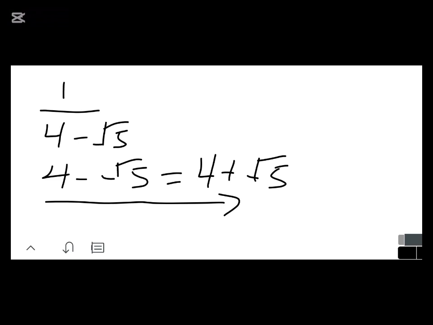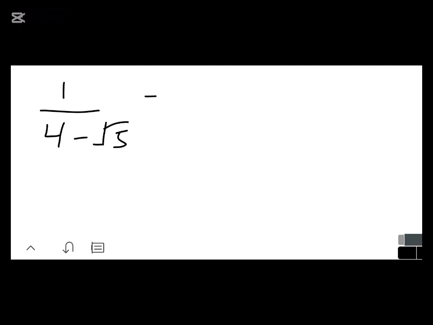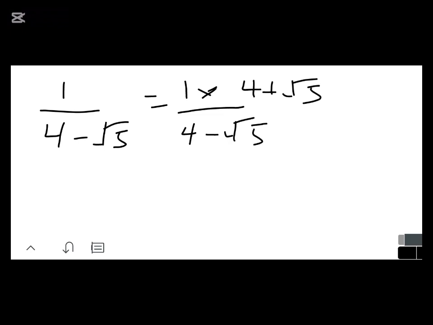So you then multiply this conjugate by the numerator and the denominator. So this one will give us 1 multiplying the conjugate, which is 4 plus square root of 5, over 4 minus square root of 5 multiplying 4 plus square root of 5.